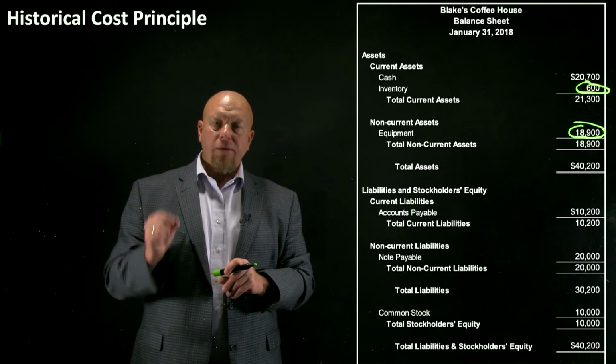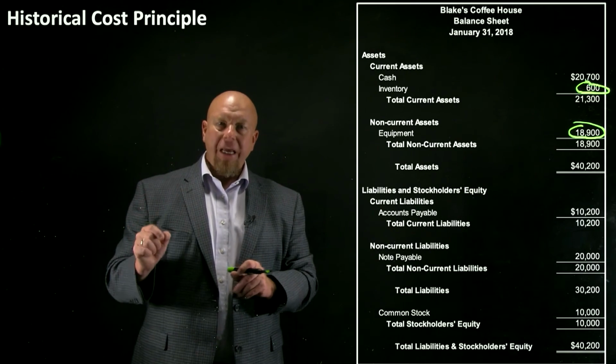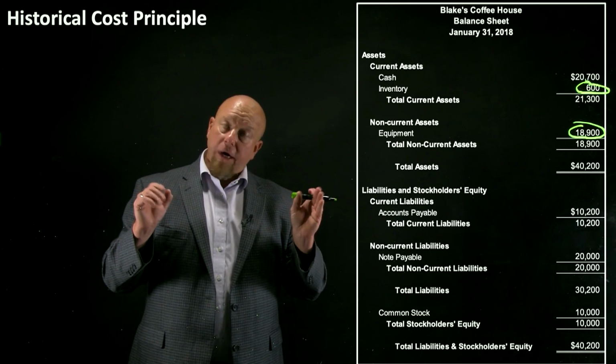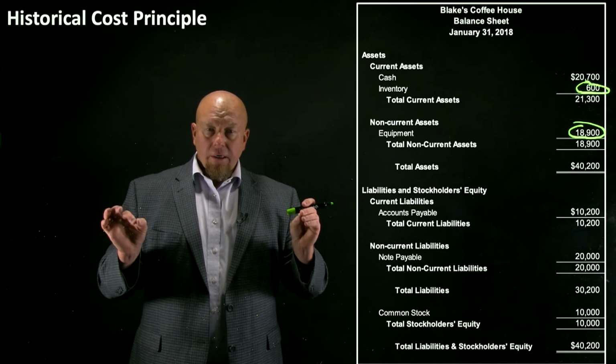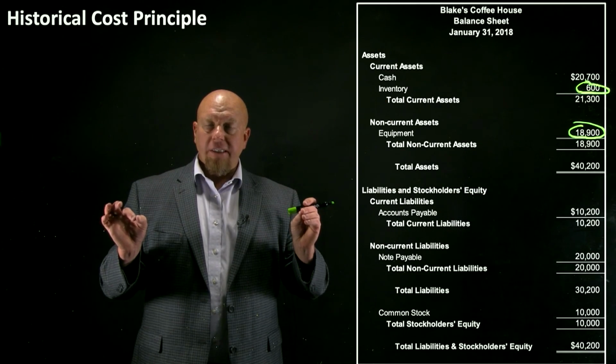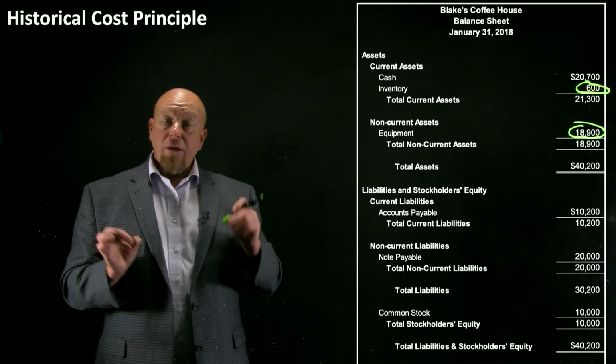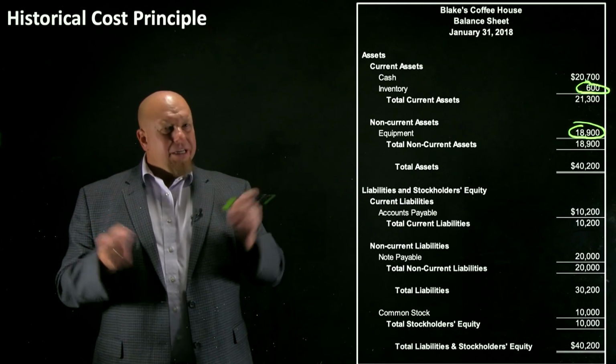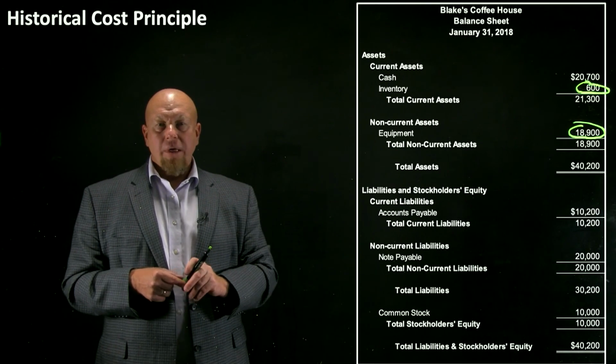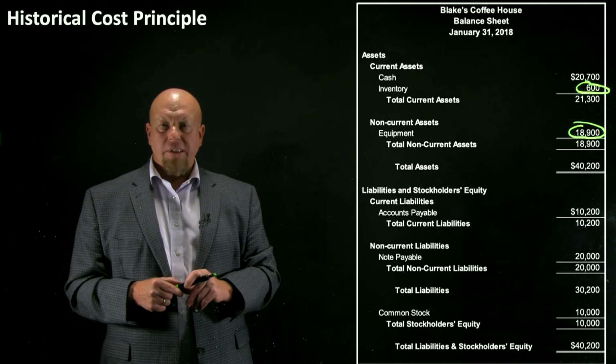So historical cost, record things at what you paid for them. Occasionally, although rare, we might impair the asset and bring the asset's amount lower. And in other rare instances, we might increase the amount, but we'll talk about some of those exceptions in a later lecture.